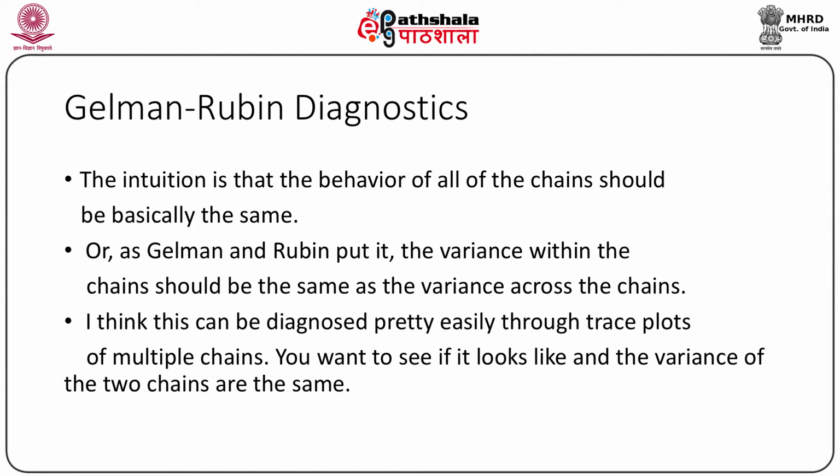I think this can be diagnosed pretty easily through trace plots of multiple chains. You want to see if it looks like the mean and the variance of the two chains are the same. Again, in the notes you find examples where convergence seems reasonable. That is, the mixing happens pretty well.